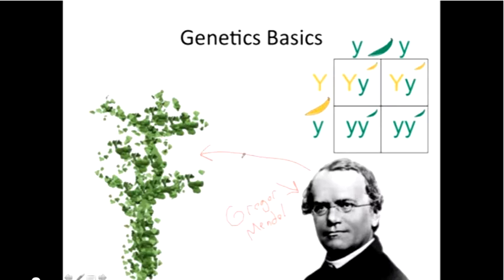During the years of 1856 to 1863, about 8 years, he did experiments breeding over 29,000 pea plants, quite a bit. And when you talk about his experiments, generally we use this Punnett square to explain how they were working.